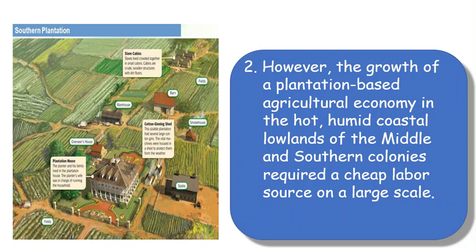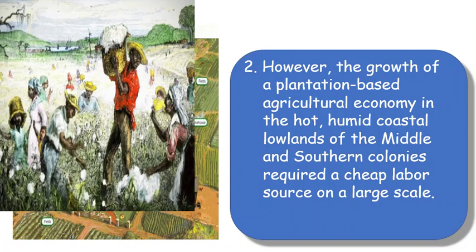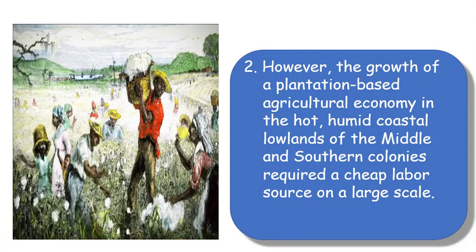Again, this is in no way morally justifying the use of slave labor, but from an economic standpoint, this was the justification: these huge pieces of land required far more people than any one family could provide. And that's where we see the large-scale use of enslaved labor, in the coastal regions of the middle and southern colonies.